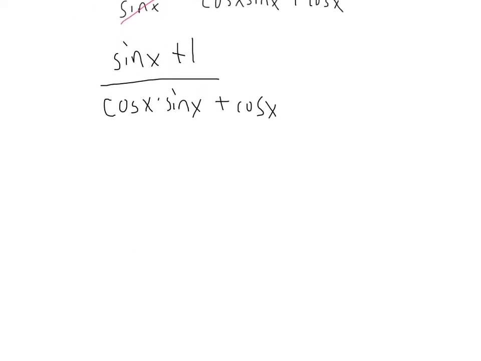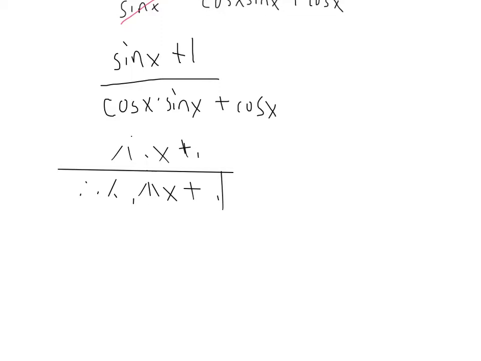Next, we simplify by factoring the denominator. So we can factor out a cosine of x from both terms in the denominator. So cosine of x times sine of x divided by cosine of x, we're just left with sine of x here. And then cosine of x divided by cosine of x is equal to 1.